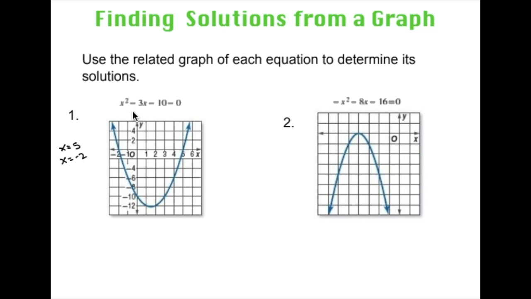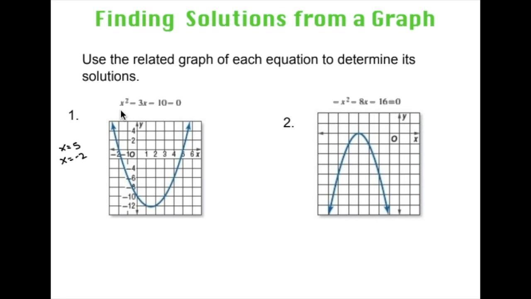And this is the equation for this graph, x squared minus 3x minus 10 equals 0. So we're going to have this equals 0 a lot. And what the equals 0 talks about is just this whole expression, the function, if you will, is equal to 0.